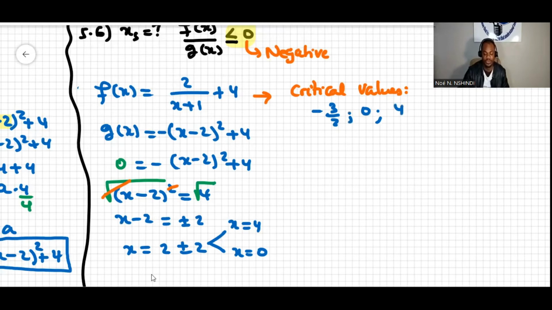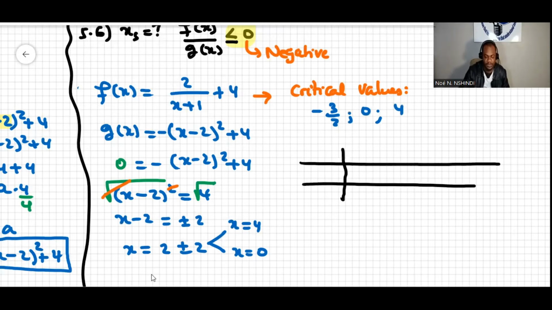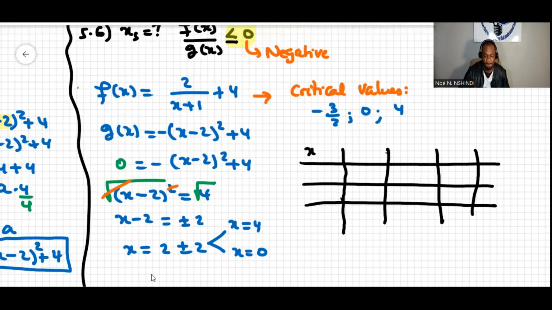Then let me just show the number line. Let's see f of x here, g of x, and then here the fraction. So those are the values of x. I can write it in a table.